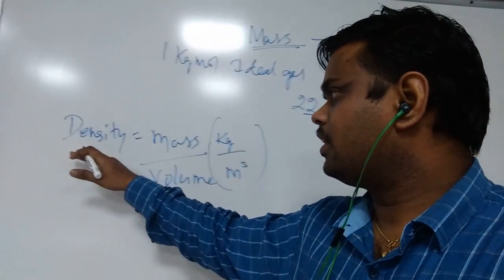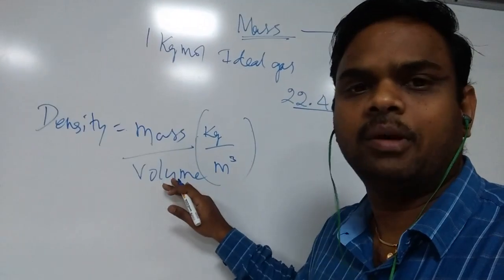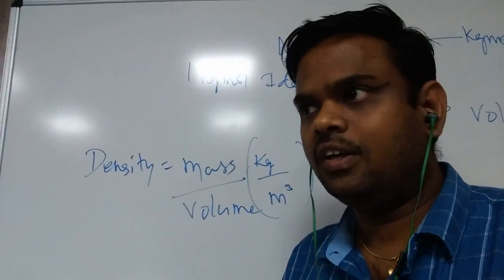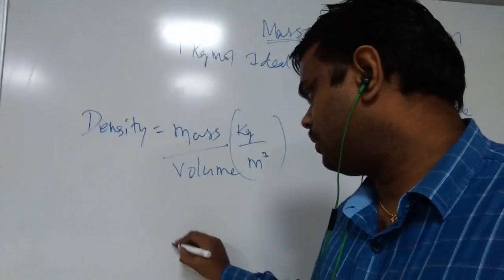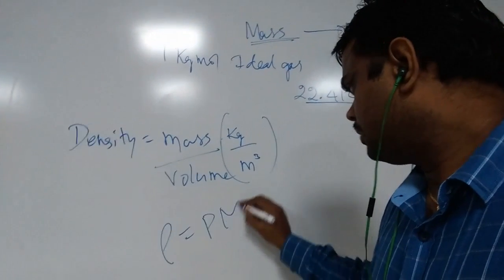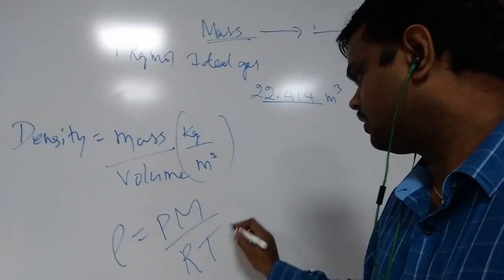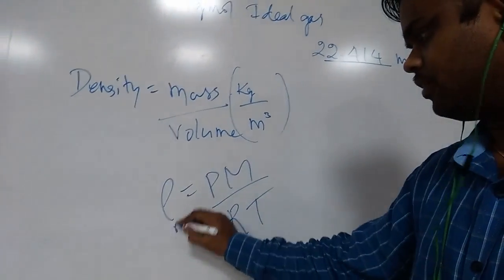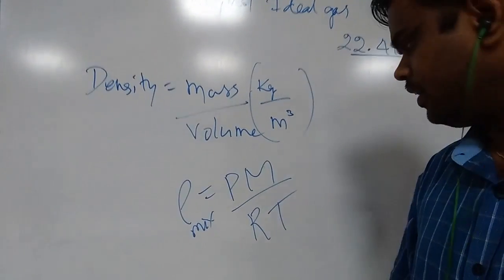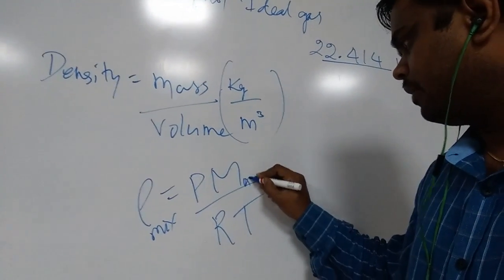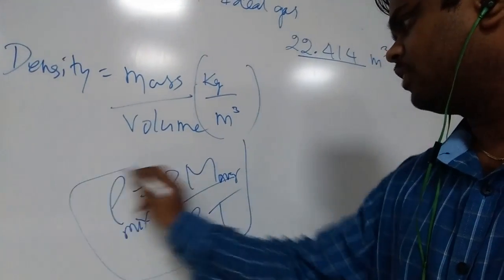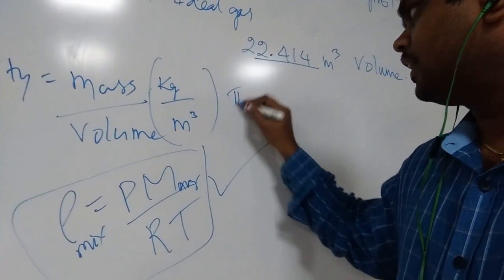Then we get the density, which is mass divided by volume. This is another way of doing the problem, other than using the formula density equal to P M by R T. The density of a mixture is given by P M average by R T. So either you can use this formula, or this other method.